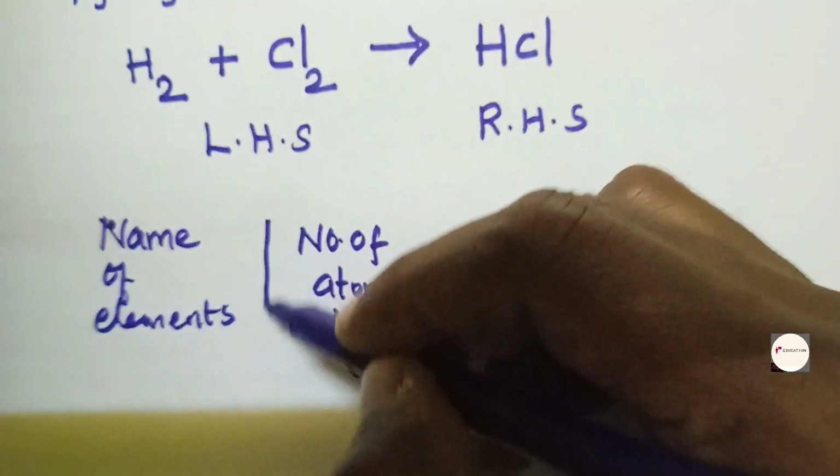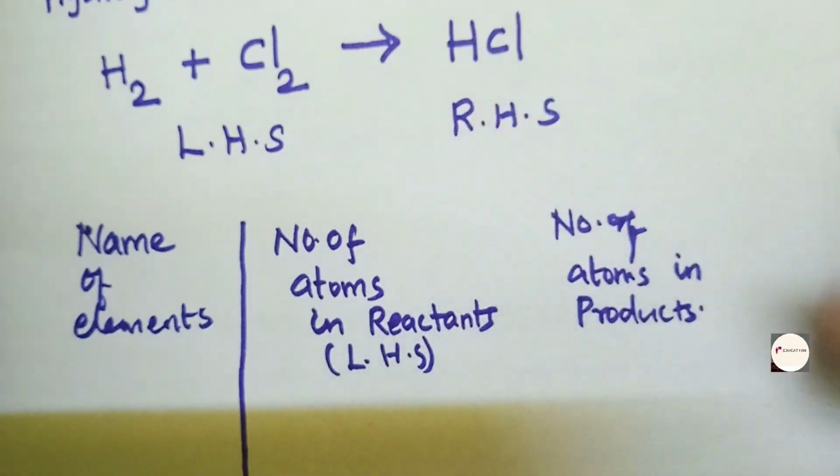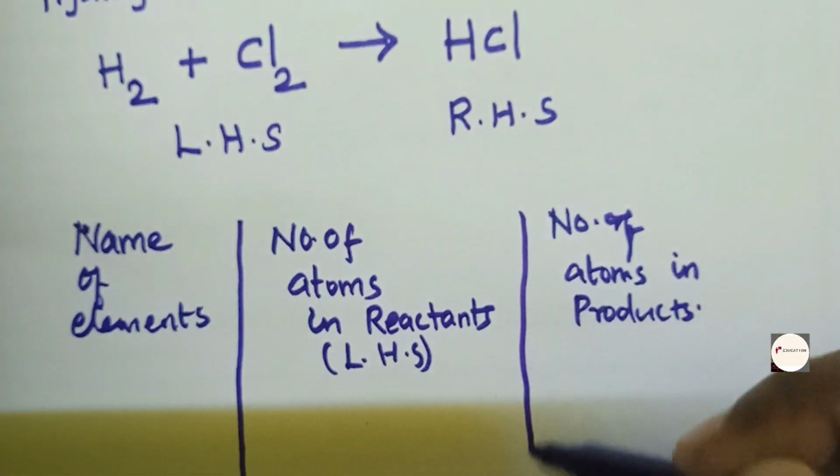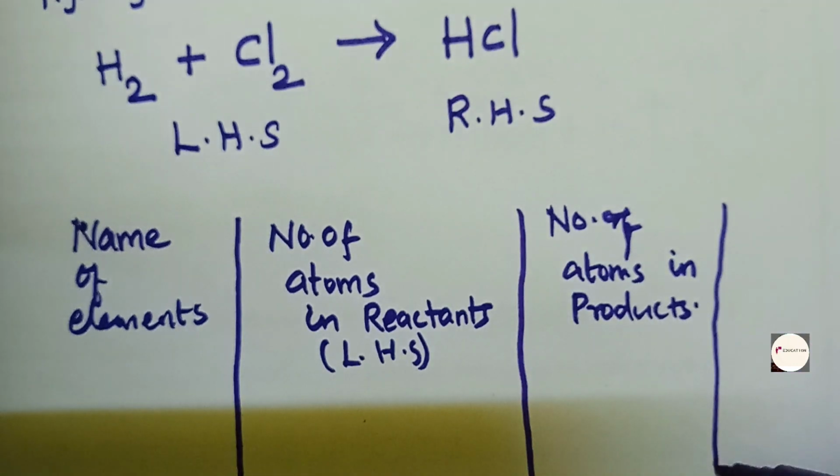So first the name of the elements, the number of atoms in reactants and the number of atoms in products.